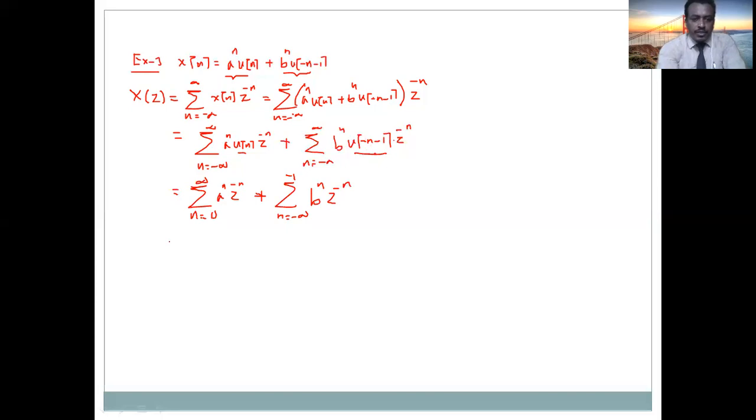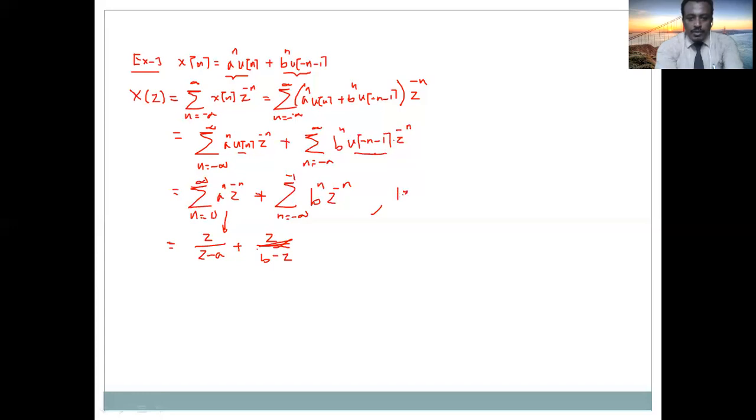So for our first example, what is the transform of the first one? Z over z minus a, right? Plus, how about this one? From the second example, it will be z over b minus z. Now, for the first summation to converge, what is the condition?